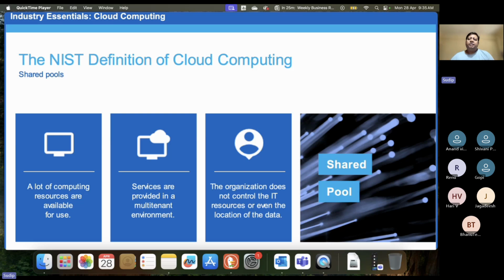A few classes earlier, we understood what a storage is, what a server is, what a network is. And we also understood that in a given data center, all these hardware components are available at a massive scale. When you go into a large data center, you will see hundreds of servers, probably tens of thousands of servers, petabytes and petabytes of storage across various storage systems, and millions of network ports and cables connecting all of these together.